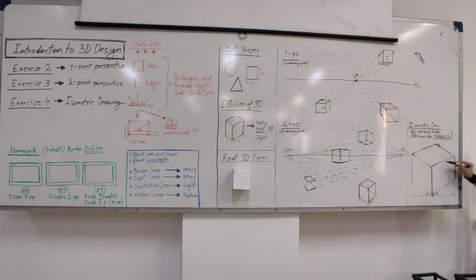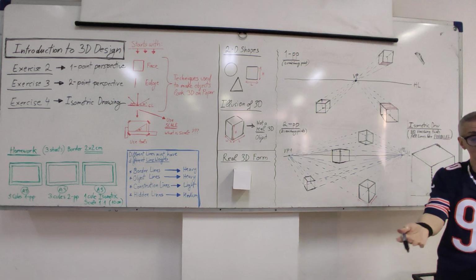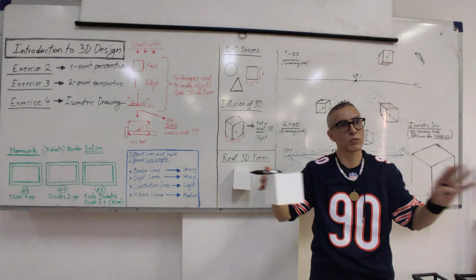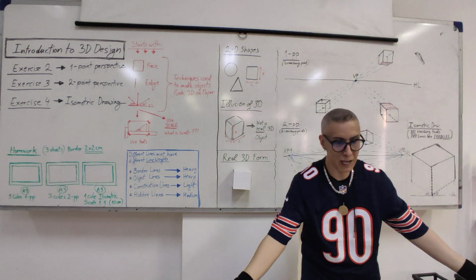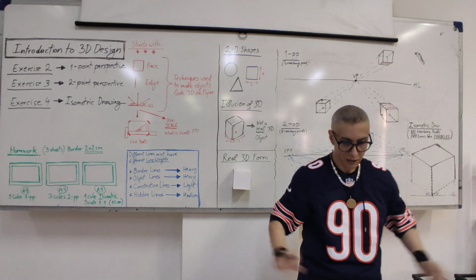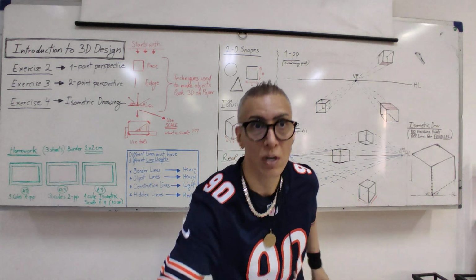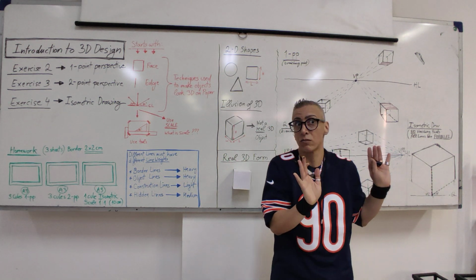Okay? So if I measure this, it must be 10. Now if I measure this, how much must it be? 10 again. So 1, 2, 3, 4, 5, 6, 7, 8, 9, 10. So this must be 10 everywhere, because it's a cube. Now if I was drawing another object with different measurements, like this table for example, this is not a cube. This is long, this is short. Then my drawing will also be like this, okay?